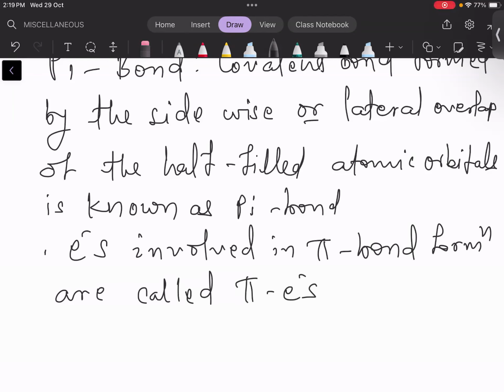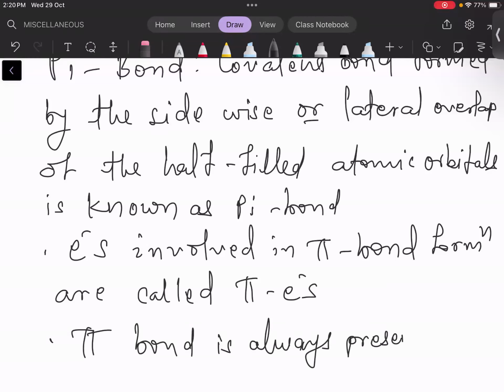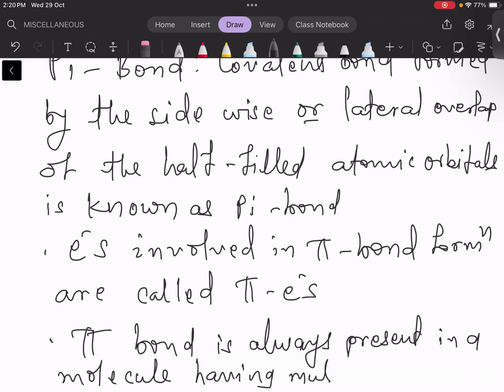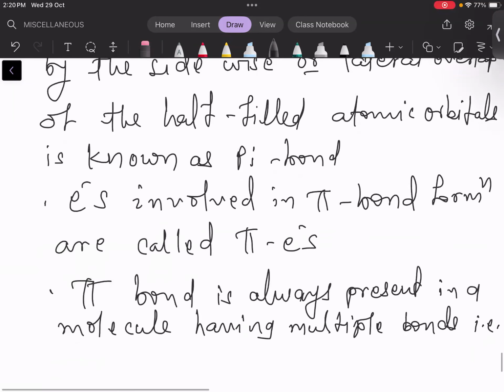Generally, a pi bond is always present in a molecule having multiple bonds, that is, double or triple bonds.